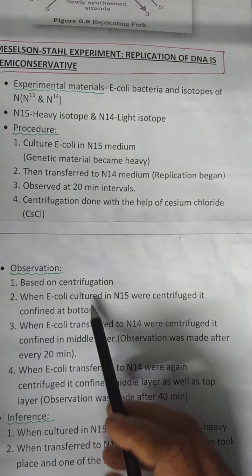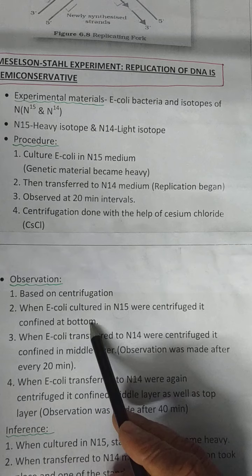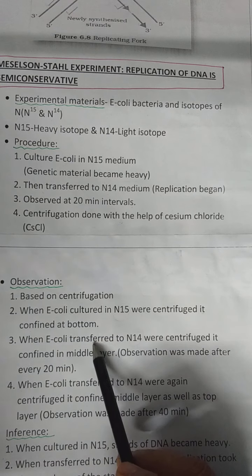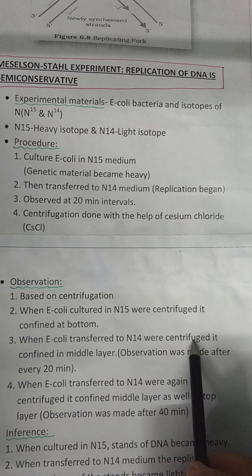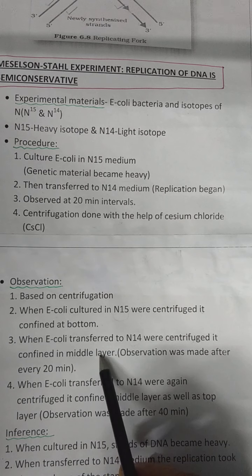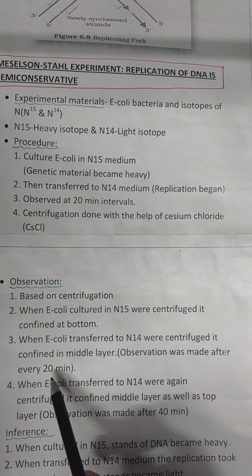When E. coli cultured in N15 were centrifuged, it was found at the bottom of the centrifugation tube. And when E. coli transferred to N14 were centrifuged, it was found in the middle layer. Why is it in the middle layer? Because this observation was made after 20 minutes.